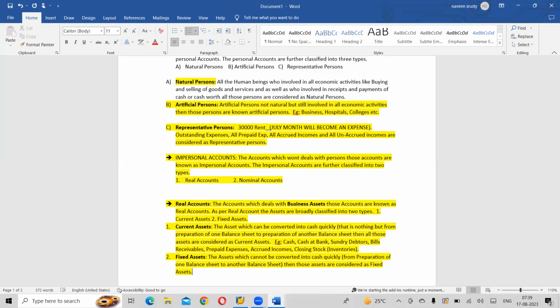Even we are calling furniture a fixed asset, my chair and table. Whenever I want to move, I can move them. Whenever I want to sell, I can sell them. But still I'm considering it a fixed asset. Why? Because those assets we are using for the business purpose. So what? Even whatever current assets, I'll use for my business purpose. That's the reason I said real accounts are nothing but business assets.